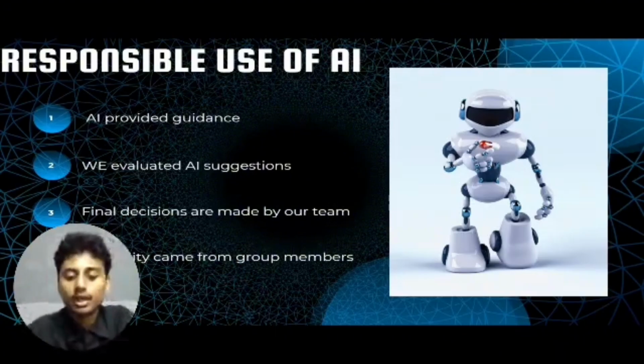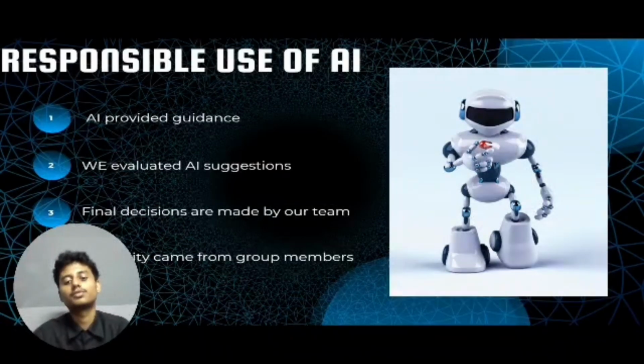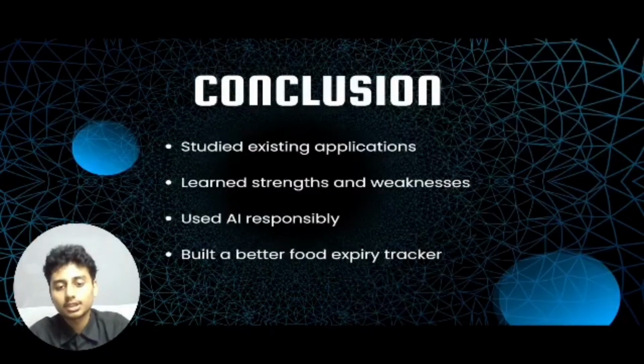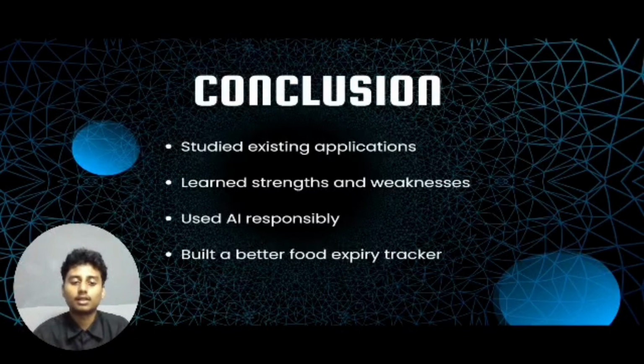However, we used AI only as a learning and support tool. All final decisions, design choices, coding, and creative ideas were made by our group members. In conclusion, reviewing existing applications helped us to understand both good features and common problems in food expiry tracker apps. We applied these findings to design a cleaner and more user-friendly application.